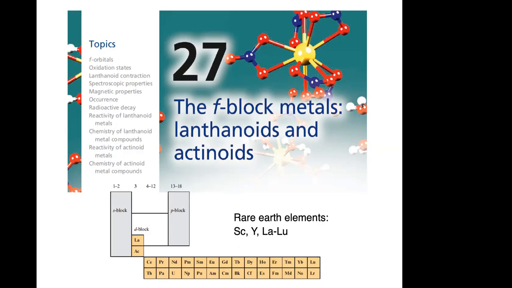But the rare earth elements include the lanthanide elements, as well as scandium and yttrium, which are the transition metal elements directly above them. So today we'll focus on these rare earth type elements.